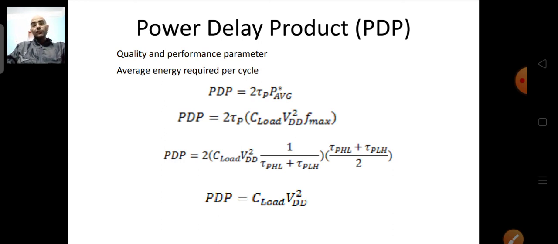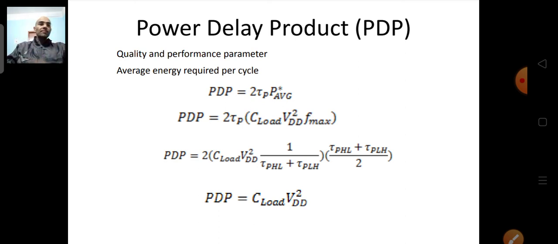Because if you try to operate the circuit at a frequency higher than this, then what will happen? The circuit will not have sufficient time to have that tau PHL as well as the tau PLH. Because you see, the circuit should have at least that much time period. Okay, that waveform should be high at least for that much time, which satisfies this tau PHL plus tau PLH.